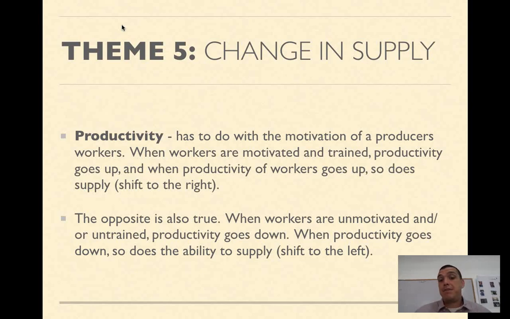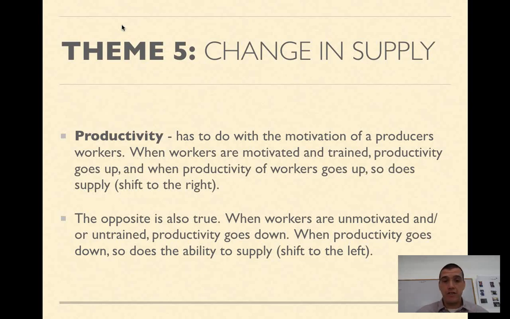And again, the opposite is also true. When workers are unmotivated or untrained, productivity goes down. And when productivity goes down, so does your ability to supply your product. Workers might not be happy with their pay. They might drag their feet. They might think you're an unfair boss. They don't care. They just kind of go through the motions.